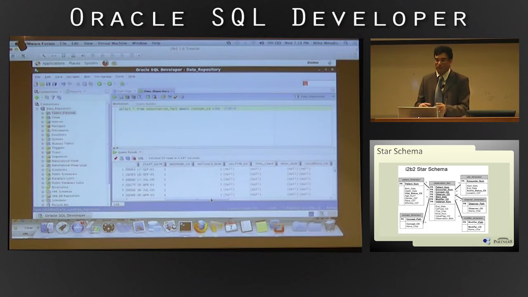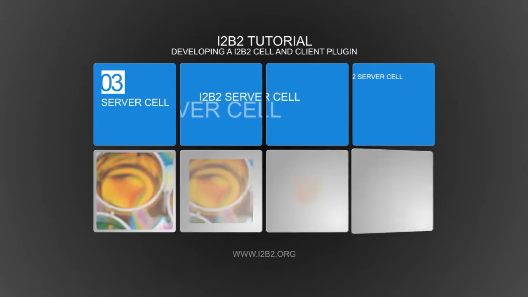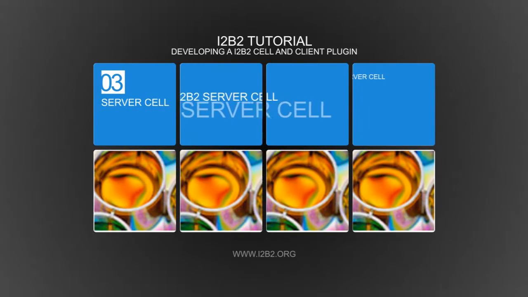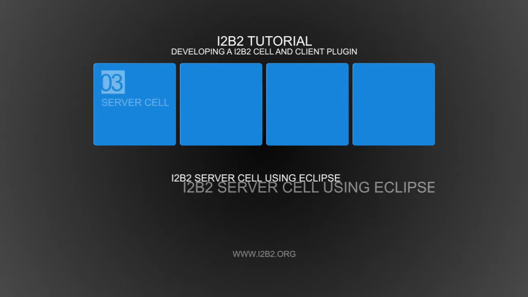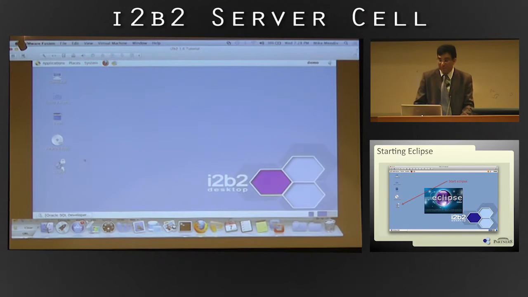But for this cell that we're going to create, let's jump to Eclipse now and start looking at some of the Java code, and then we can run the create the server.